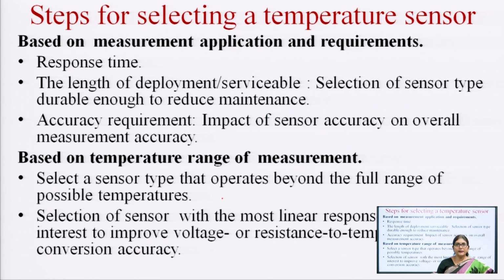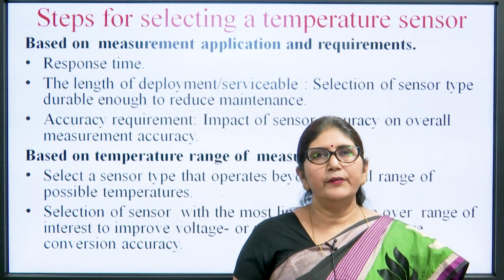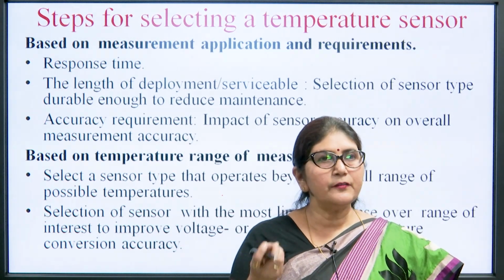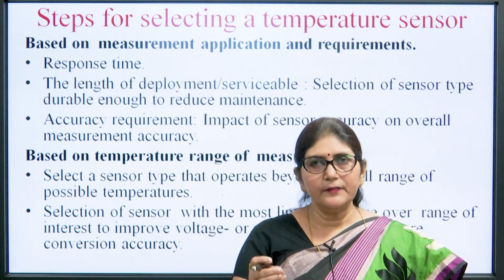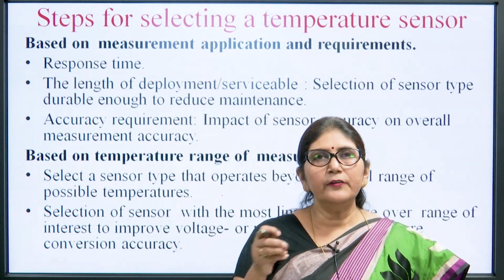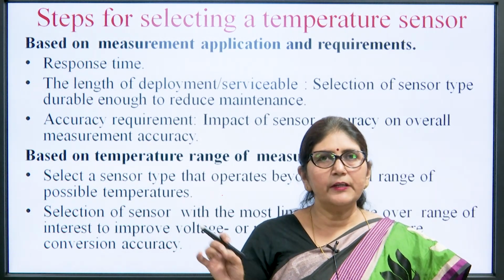Then second is the length of deployment service: select a sensor type durable enough to reduce maintenance. Suppose we have placed the temperature sensor at a place where maintenance is not possible, then we have to select a type of sensor that does not need much maintenance. We should take care of that.